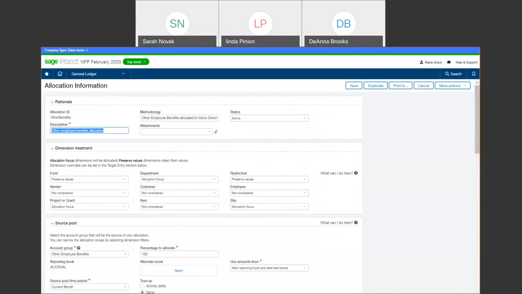So you'll define it, you'll give it an ID and describe it, and then you'll go through some sections here to identify the source pool, to look at the dimensions, to look at the basis, and to give it the information that it needs. You know, what book, what account groups, where am I getting this, what accounts am I posting to and from. So this is going to give you your setup for those allocations.